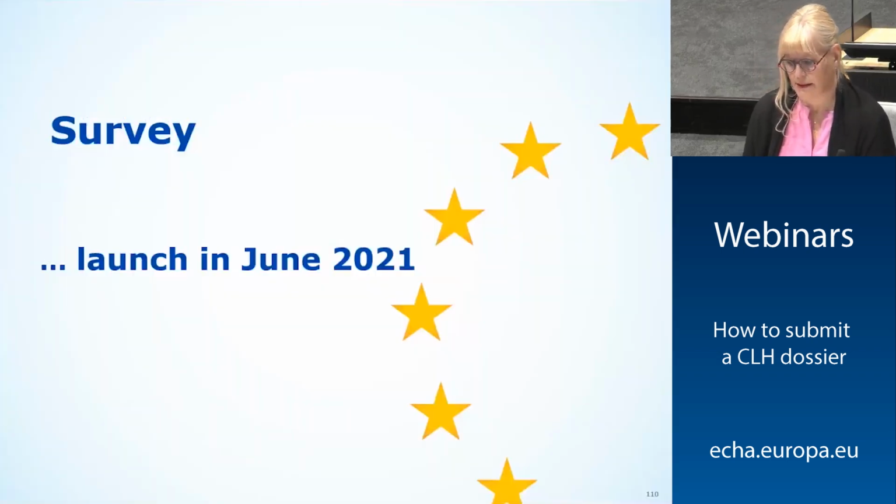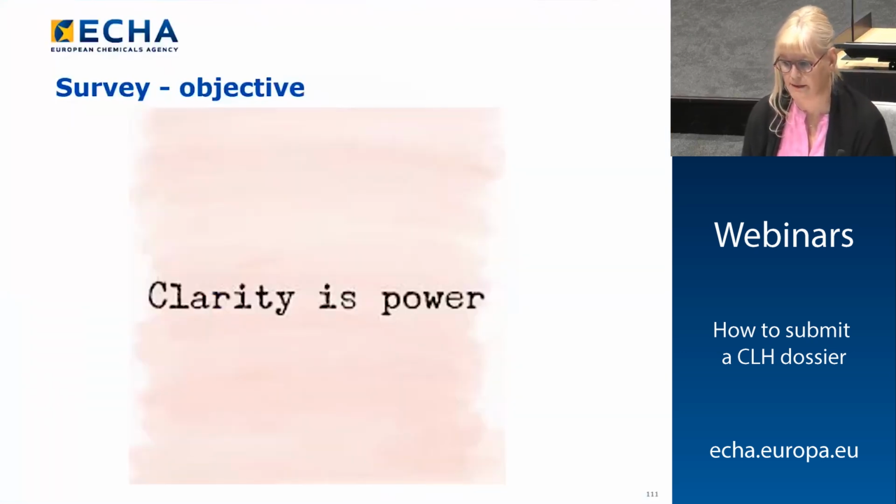So indeed, we are about to launch a survey next month in June. And indeed, the objective of this survey is to shed more light on how to prepare good quality classification proposals, as clarity is power. Clarity is power to you as dossier submitters.